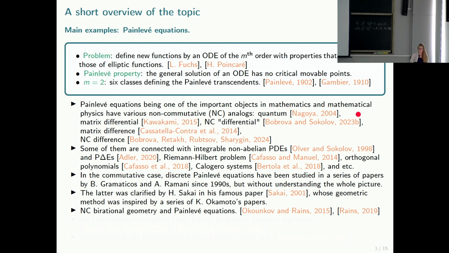And later, by Sakai, it was realized that these discrete Painlevé equations can be naturally obtained by using some kind of geometric method, which is inspired by the series of papers of Okamoto.